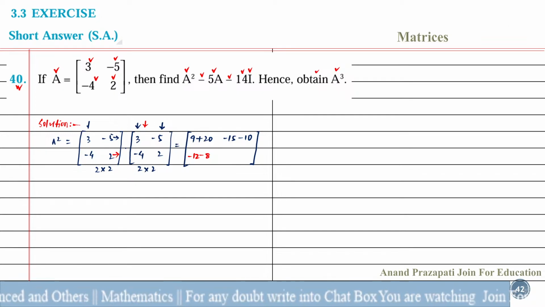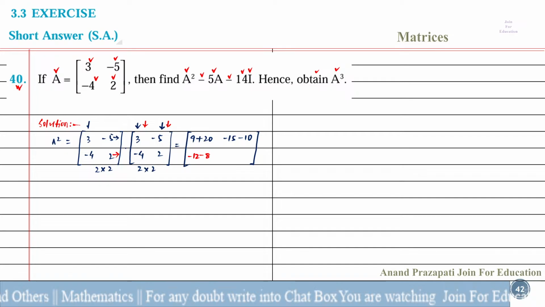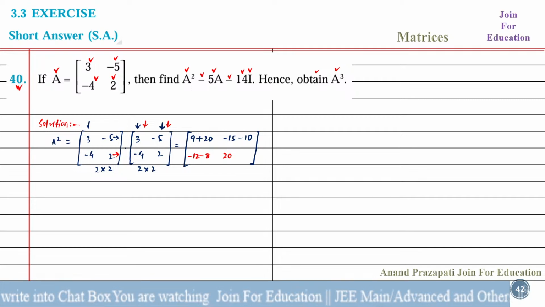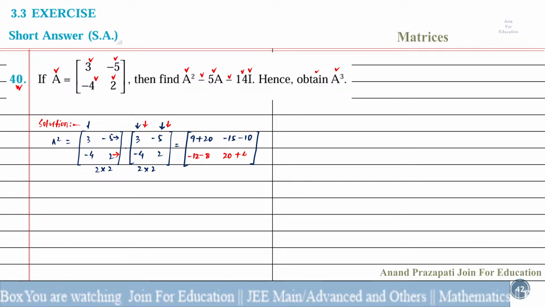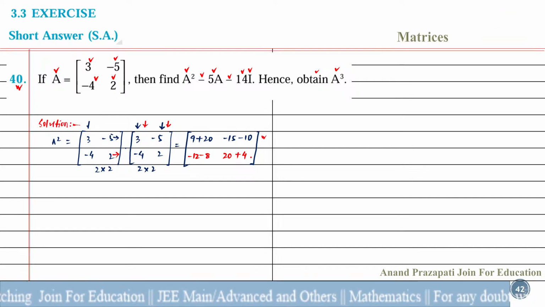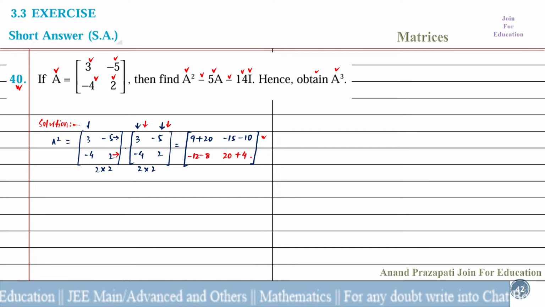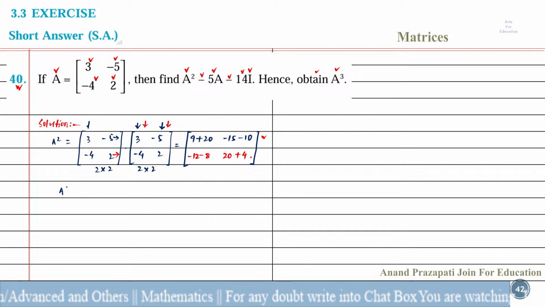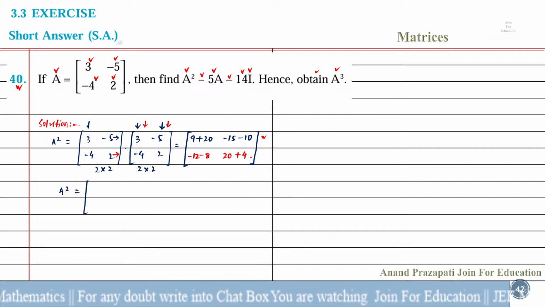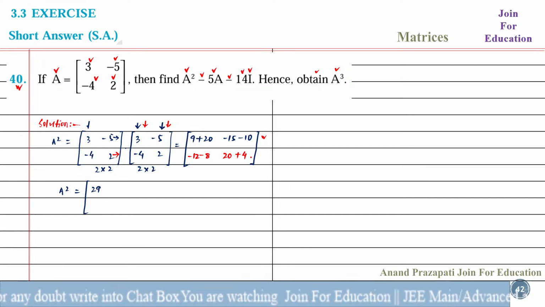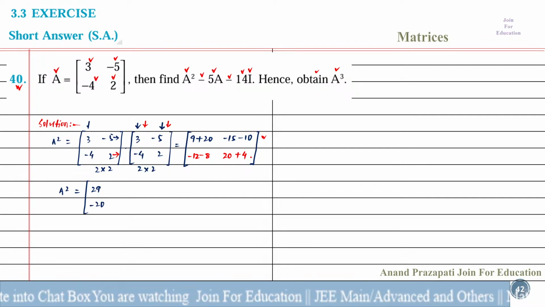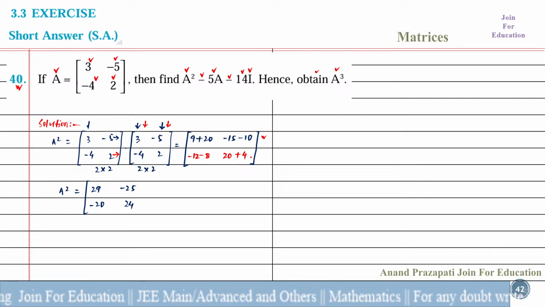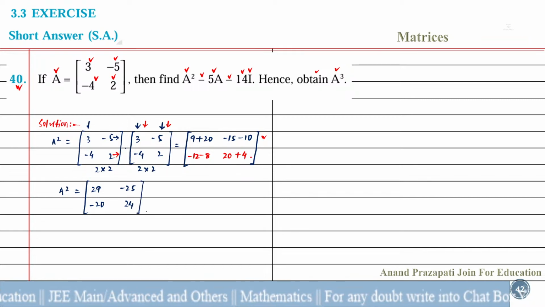Second row along second column: minus 4 into minus 5 equals 20 and 2 into 2 equals 4. Therefore, A square equals 29, minus 25, minus 20, and 24.